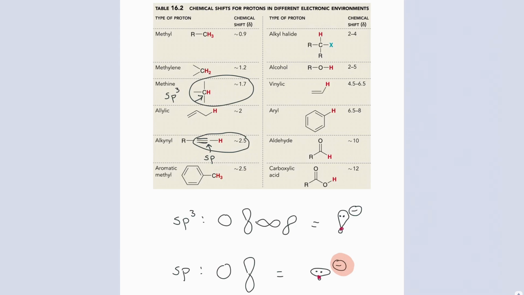This charge here is not quite as intense as the charge on an sp3 orbital. And so it's like having fewer electrons around the nucleus. Fewer electrons around the nucleus means it can't oppose the external magnetic field as much, so the net magnetic field is stronger, and you need more energy to flip the nucleus. So that's the reason for the relative numbers between those two.